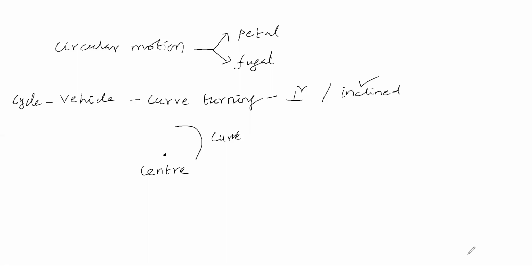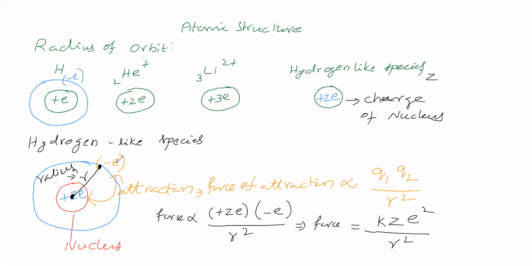Okay. So now we will see. Here the electron is making a circular motion around the nucleus. Electron is revolving around the nucleus. This motion is a circular motion. Circular motion in the sense, what are the forces it will experience?